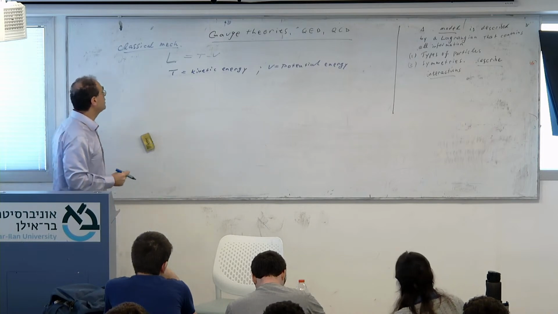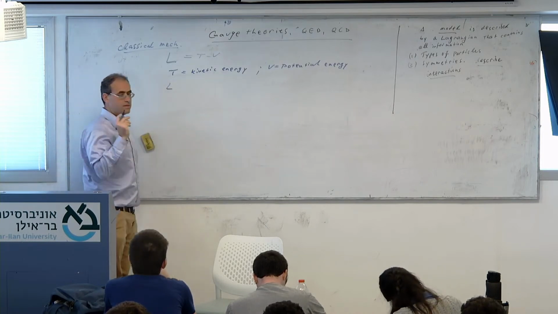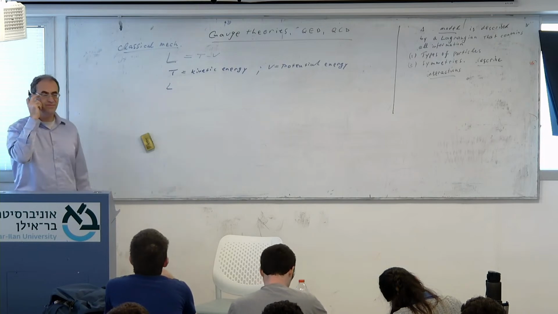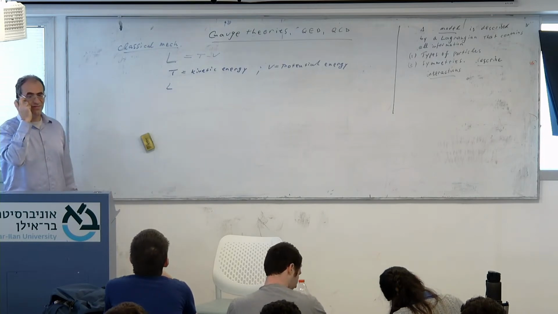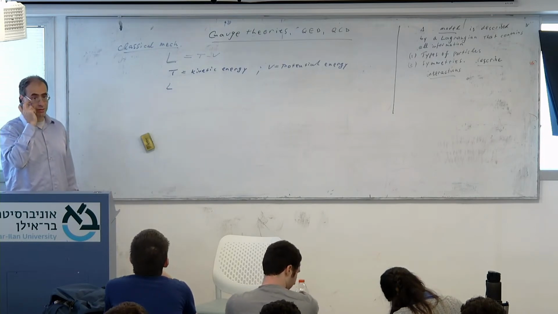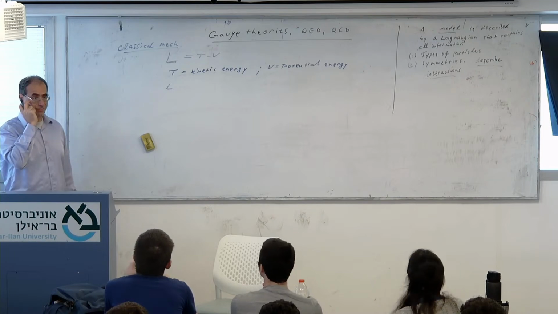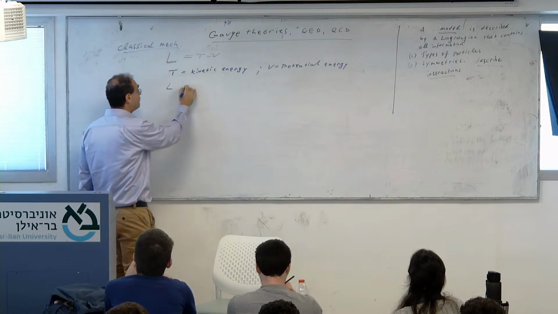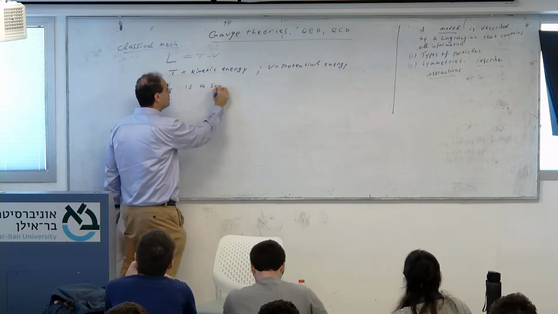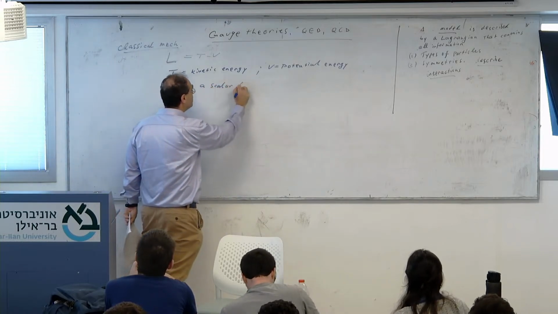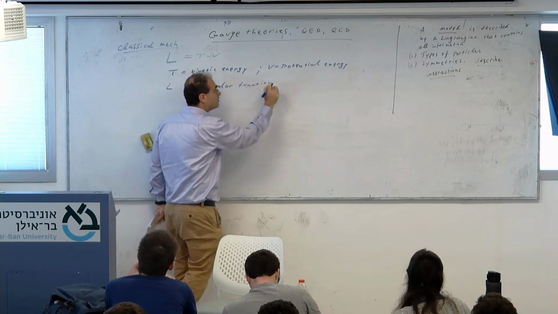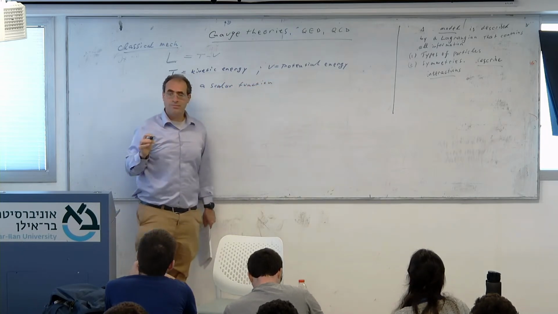And then the Lagrangian itself, L, is a scalar function. What is a scalar function? Its output is a scalar.